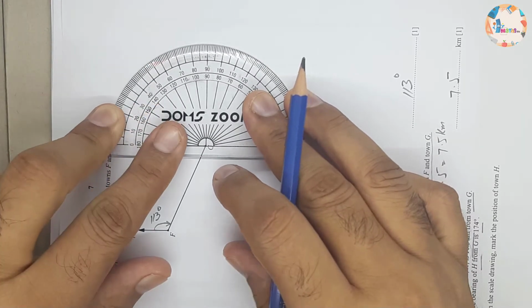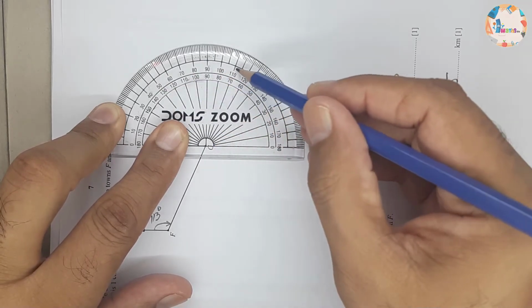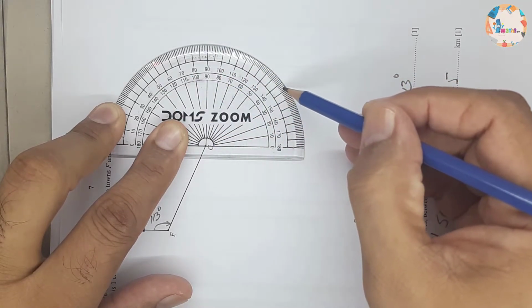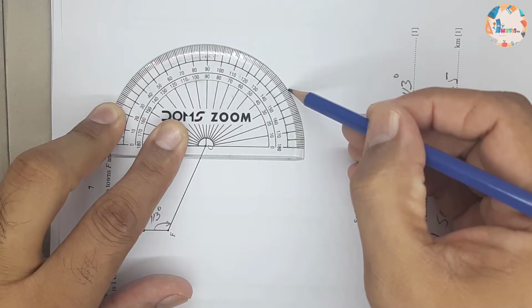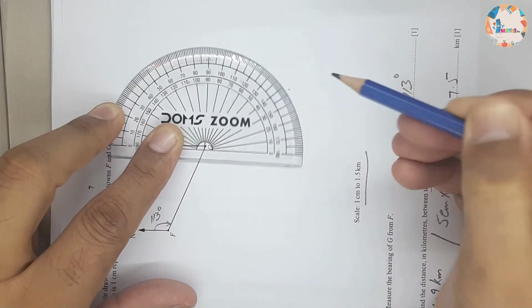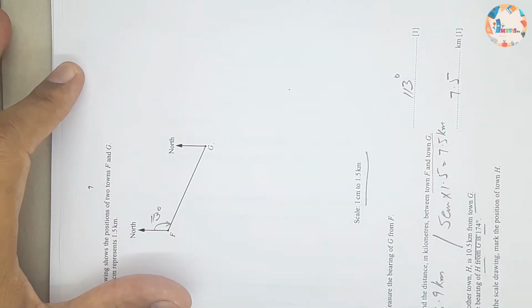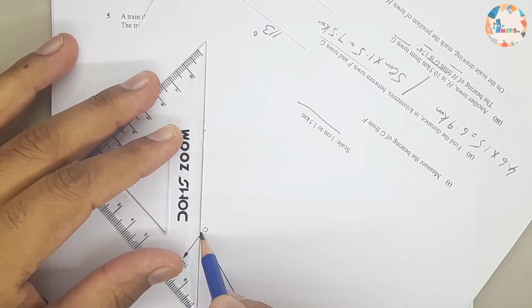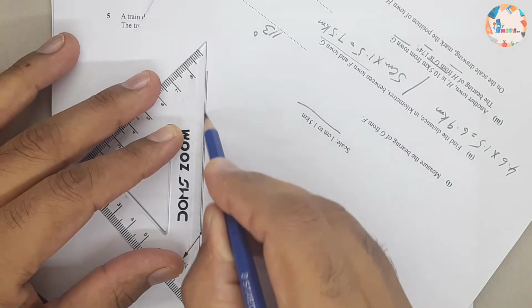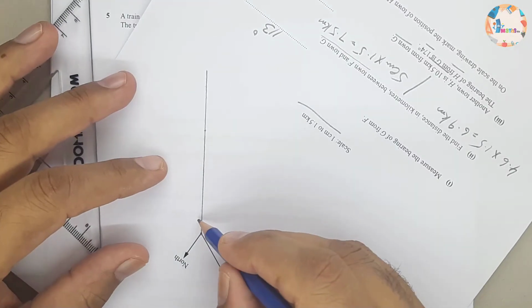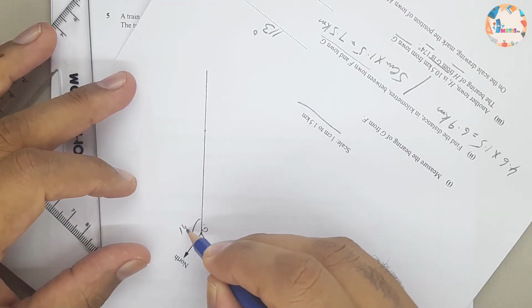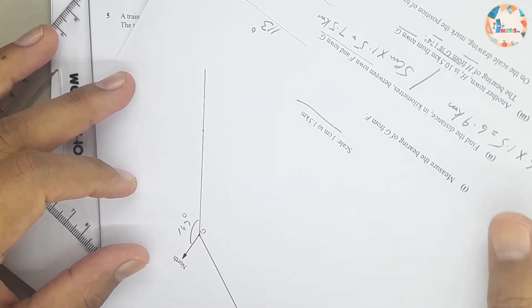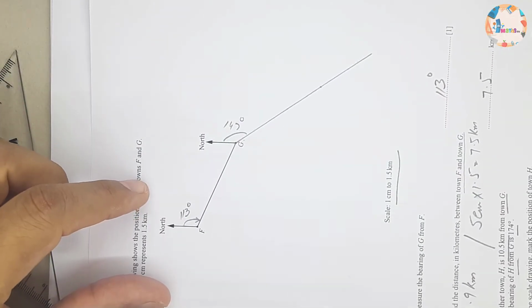This is 100, 140, 145, 147 will be around this one. So now we have to just draw this line. So this will be 147 bearing, and we can write here 147 degrees. Hopefully you are understanding each and everything.